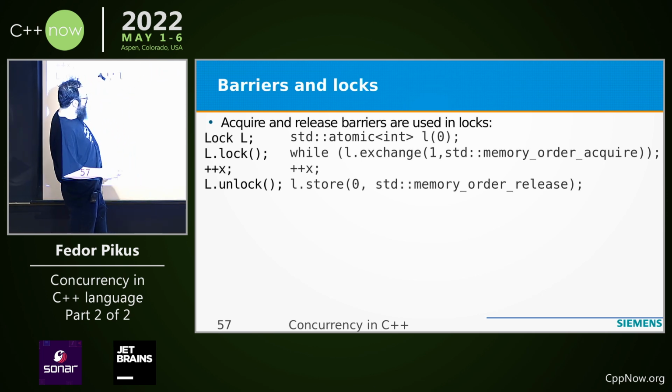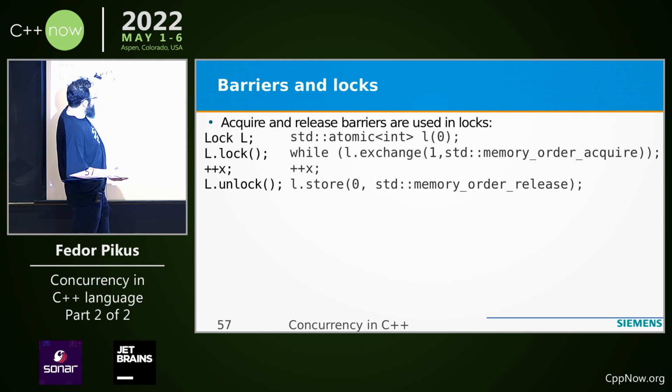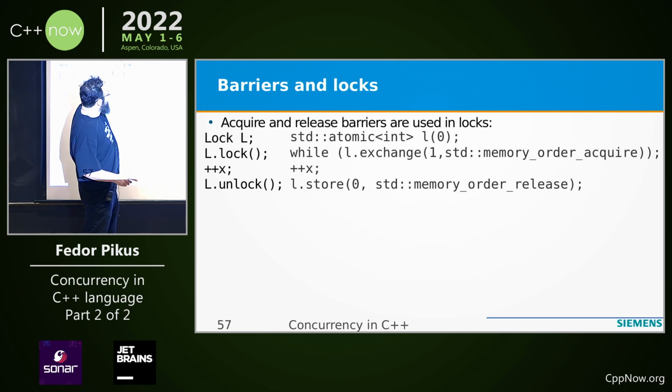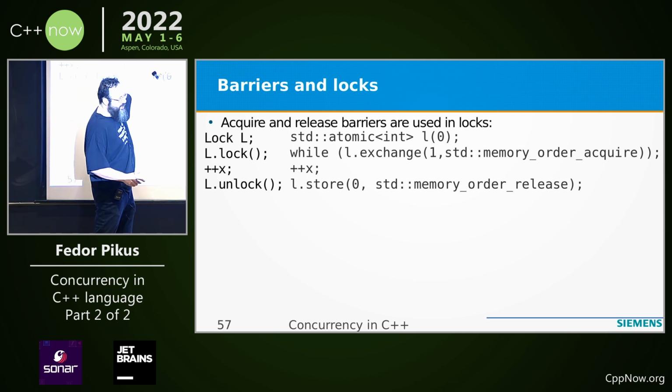Now, why is it not a problem that you can see the later state? What if somebody else comes in and changes X? You don't want to see that. Well, that cannot happen as long as everybody takes the lock to access X, because they are prevented from changing it by exclusion, by the value of the flag. So here I have a guarantee that whatever somebody else did to X before this point, I will see. And nobody else is doing anything to X if they're correctly using the lock.